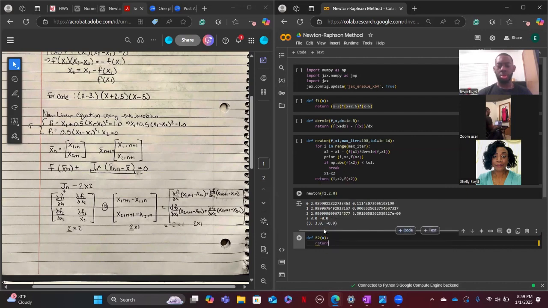our first function. I think I also need to identify x1 and x2.